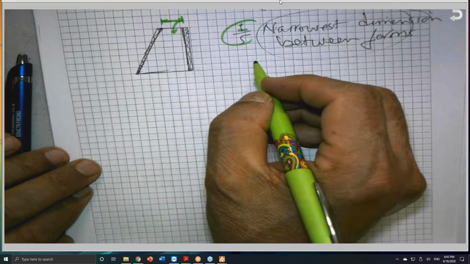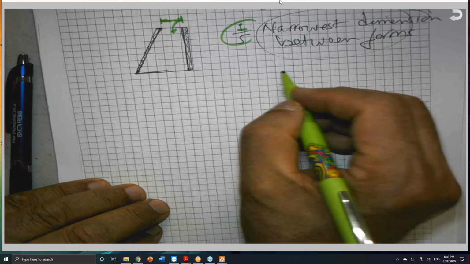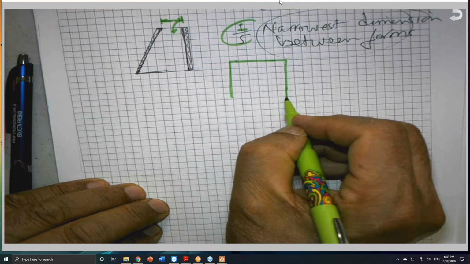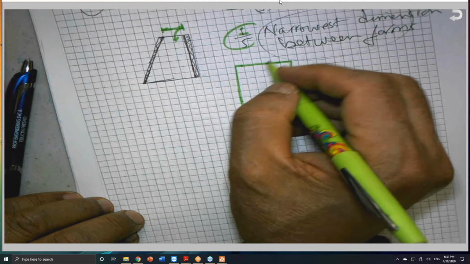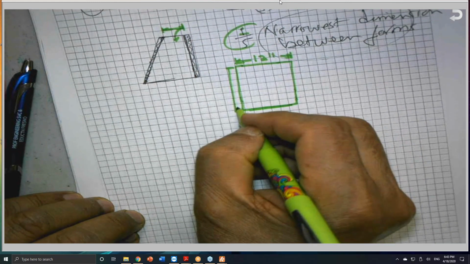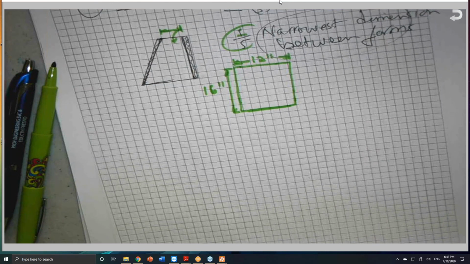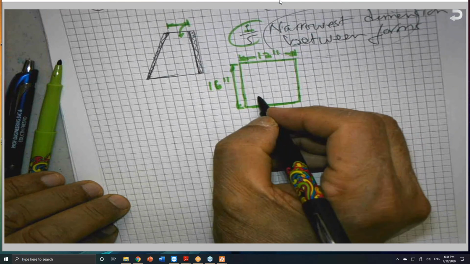Or like in our problem, we have the concrete beam, 12 inches wide by 16 inches deep, and number 8 bars are required, and they are 3 inches on center.